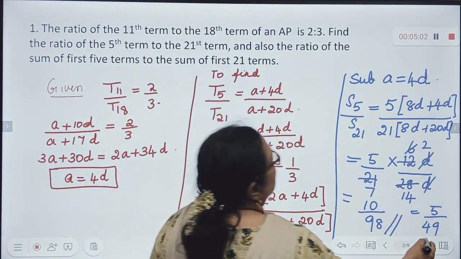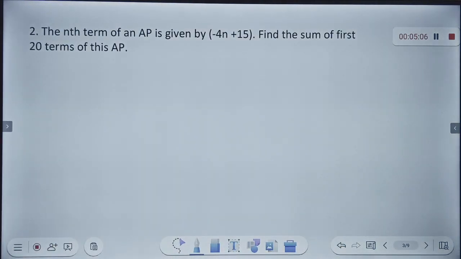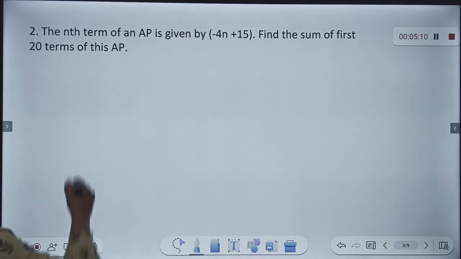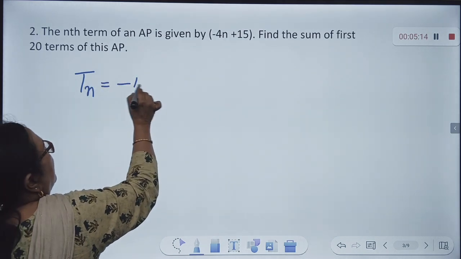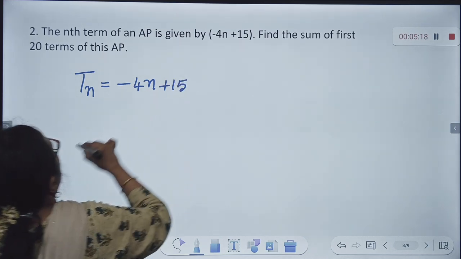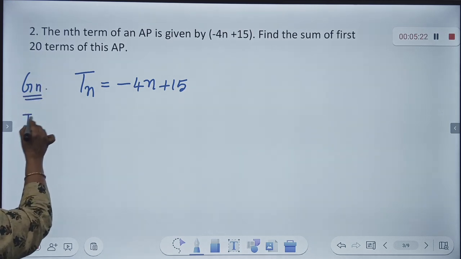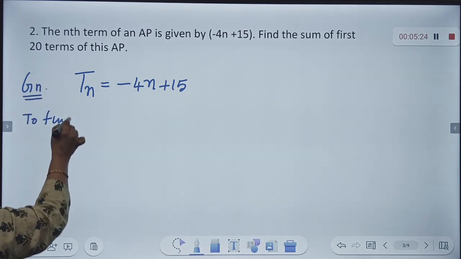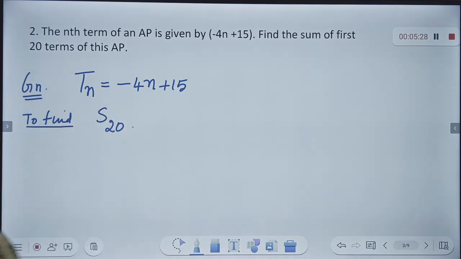Now, let us look at the next problem. The nth term of an AP is given by minus 4n plus 15. This is given. You have to find the sum of the first 20 terms.